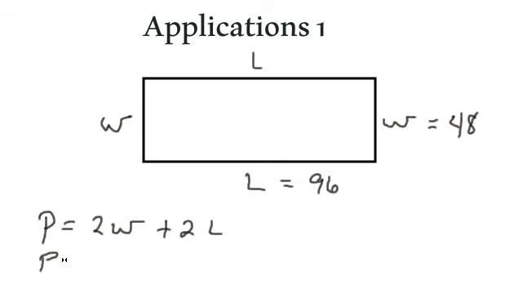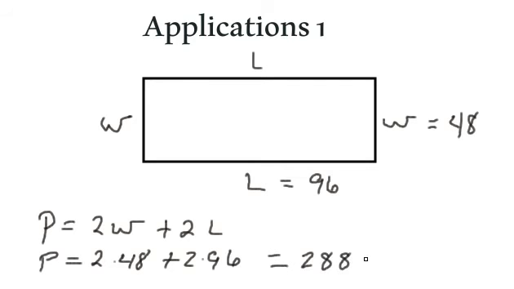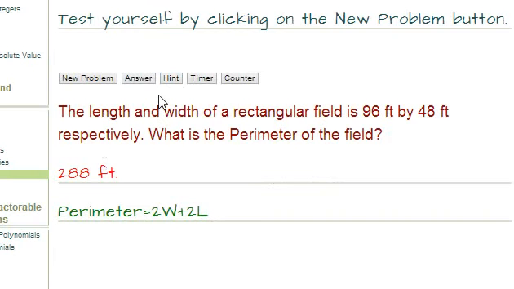We'd say P is equal to 2 times 48 plus 2 times 96, and of course we will get 288, and don't leave off the feet. And I went up here and hit answer, and that's what we got.